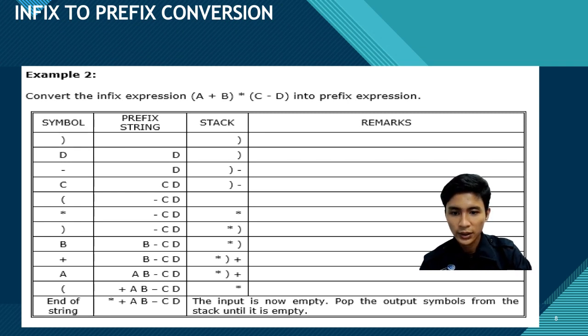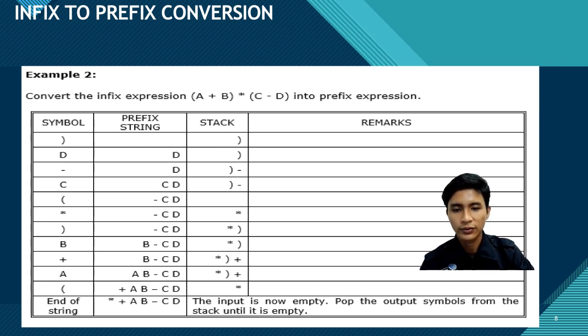And plus you can put on the stack, and A can be put in the prefix string, and last is the open bracket. So we will have the open and close bracket, the symbol for the multiply, and the multiply will pop to the prefix string.